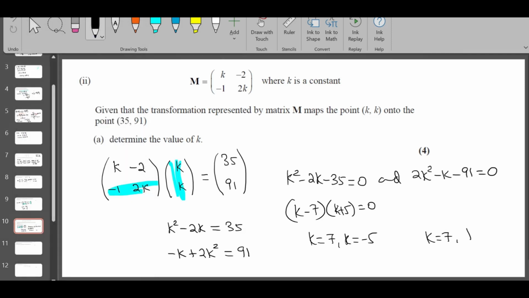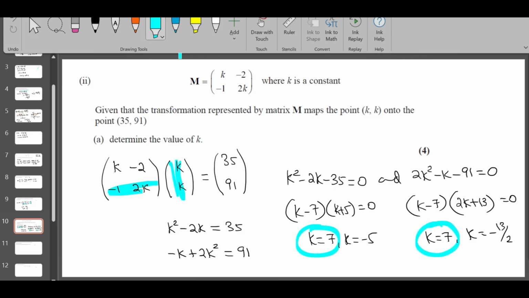K is 7, k is minus 13 over 2. So write a step here: k minus 7, 2k plus 13 is 0. So there are four values. The only value that can satisfy both equations is k is equal to 7. Therefore k is equal to 7.